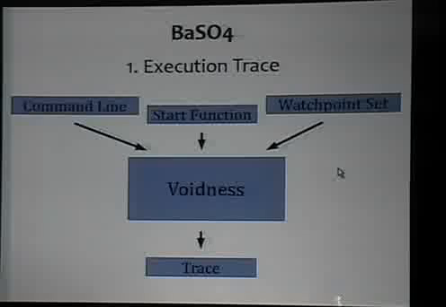So you can say, every time I hit this line, I want to capture these variables, or this memory or this register, and this much memory. And at the end, we're going to have this trace that we can use for post-processing.